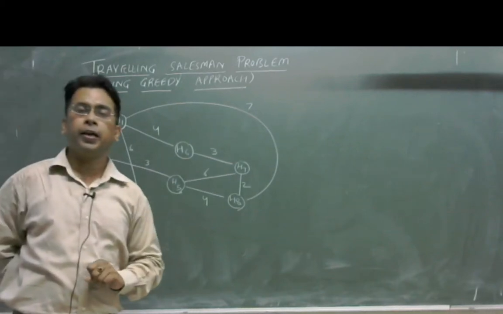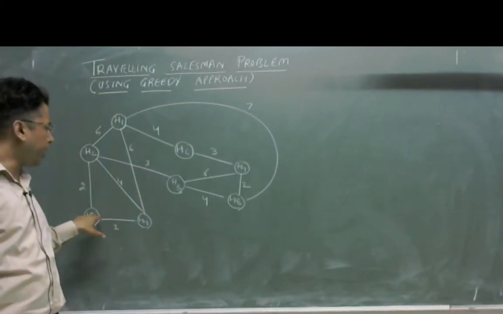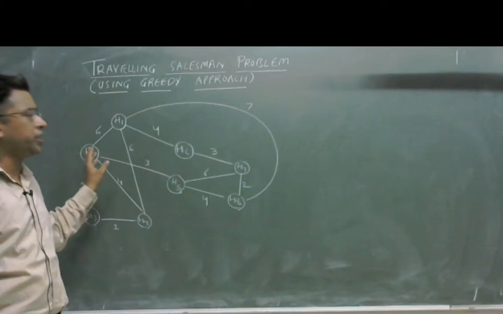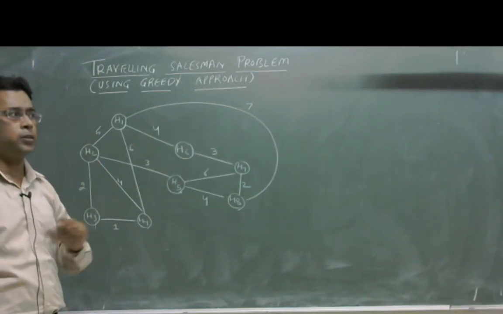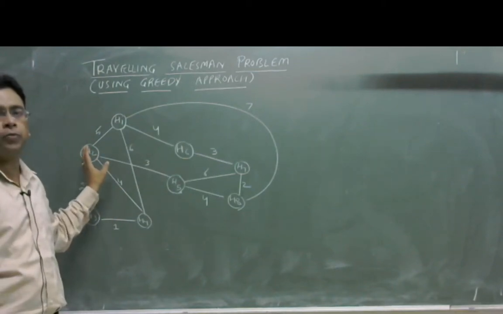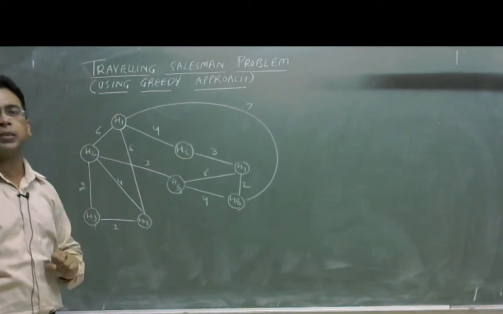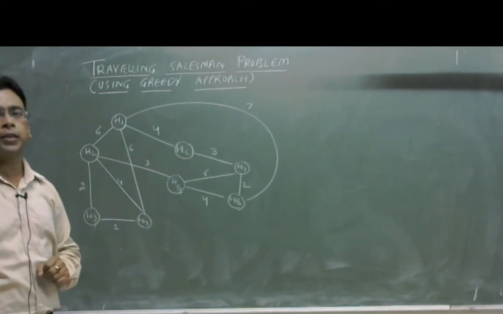So here we have to pass through each city but only once, and while doing this we should cover minimum distance. This is called the greedy approach.